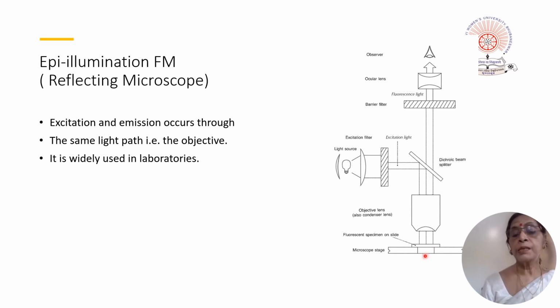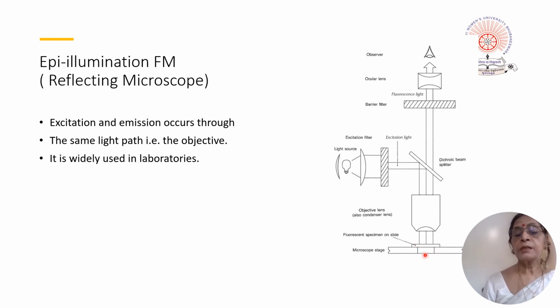So the sample is held on the stage, and the light source creates the light that passes through the excitation filter. Excited light is directed by the dichromatic beam splitter, passes to the objective, then through the objective it comes to the specimen and falls on the specimen.